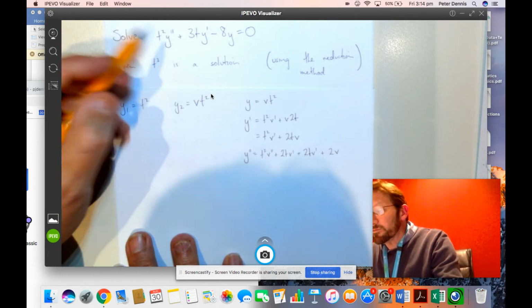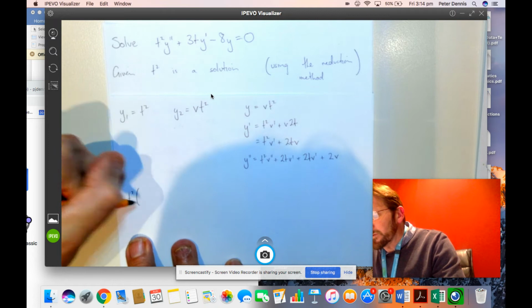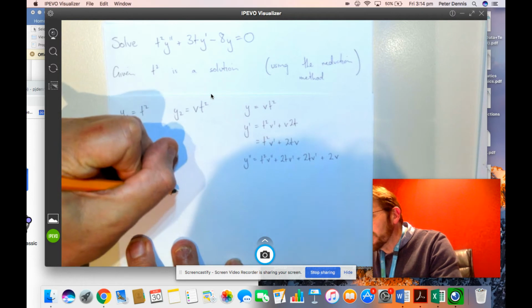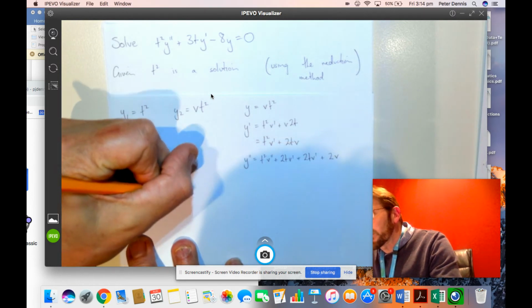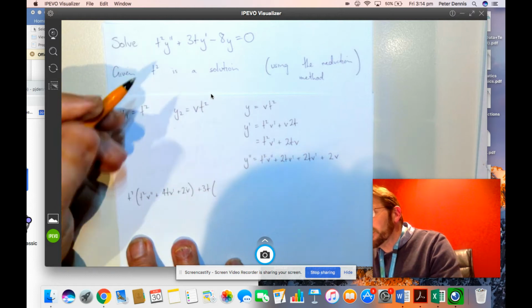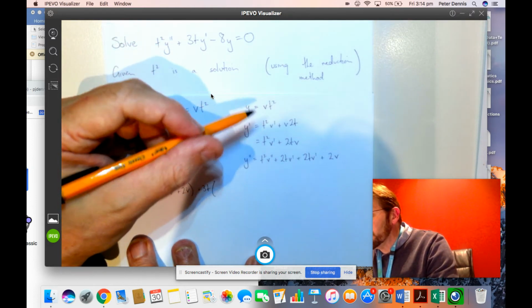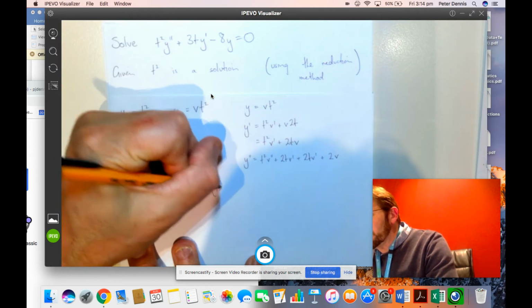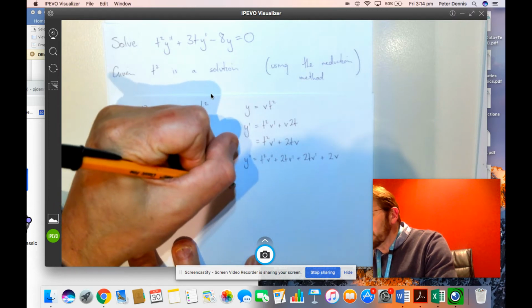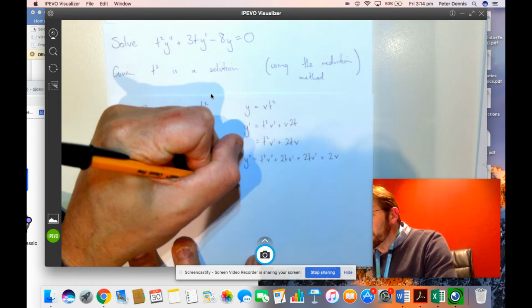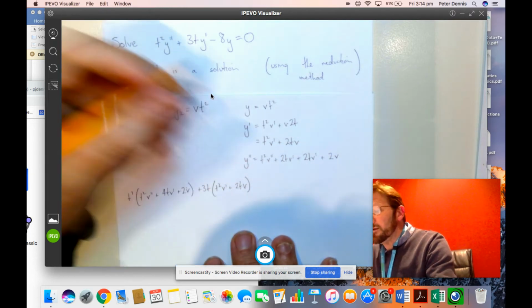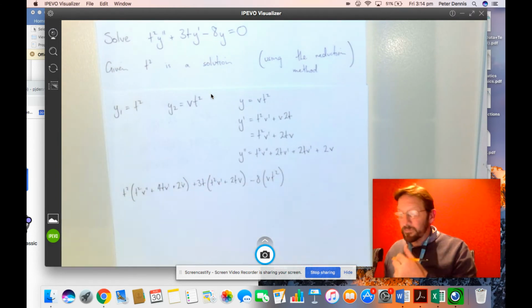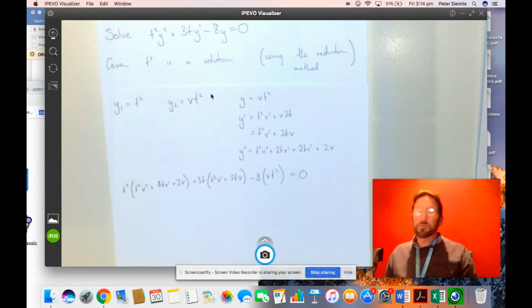So we've got t squared times t squared v double dash plus 4t v dash plus 2v, plus 3t times the first derivative, which is t squared v dash plus 2tv, minus 8 times vt squared. And we know that equals 0, which is always nice.